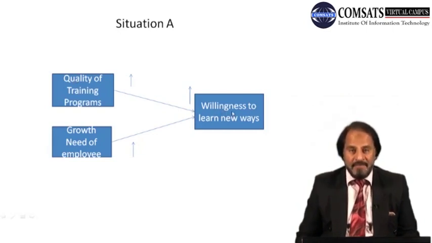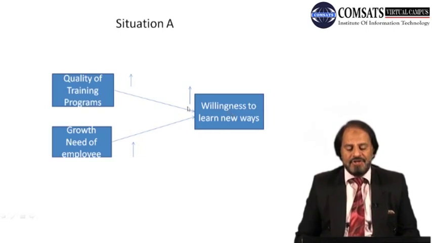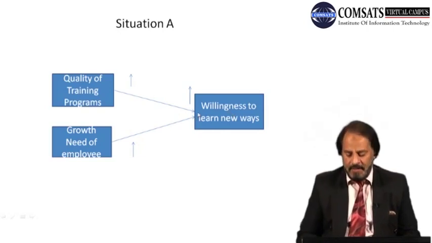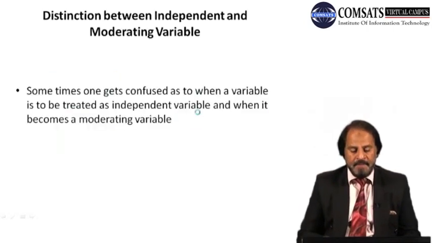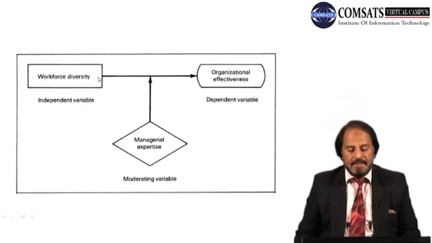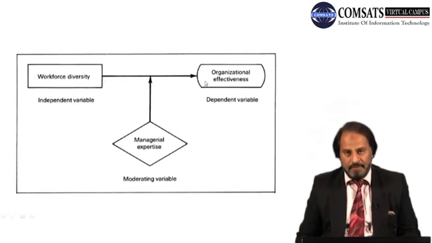Going back to the previous example, the change in the moderating variable is not going to change the dependent variable. It is going to change the relationship between the two variables. So the independent variable is supposed to bring change in the dependent variable, whereas the moderating variable is supposed to bring change in the relationship.